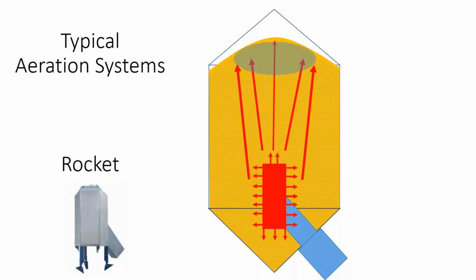The rocket is very similar to the Cube. Again, you've got very little airflow being injected into the bottom of the bin. Probably it's just enough to dry the bottom of the grain in the cone. The majority of this air is going outwards or upwards, and it also is up higher in the bin. So you have a nicely reduced path for this air to get out of the bin.